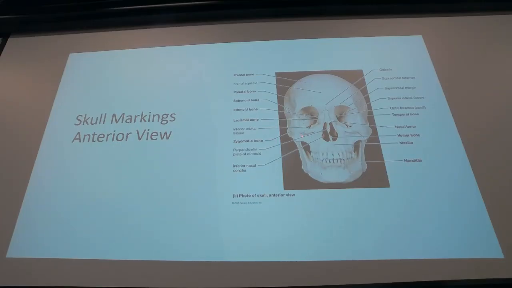And then laterally, you can see the temporal bone here. And then this is the mandible. The mandible has this middle part where the left and the right mandible fuse, just like, for instance, our frontal bone before it was formed.